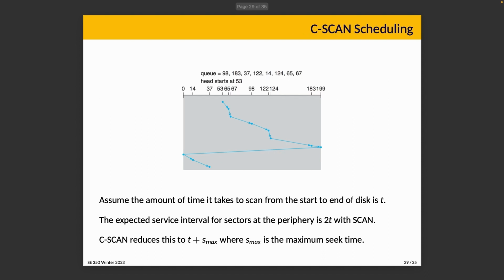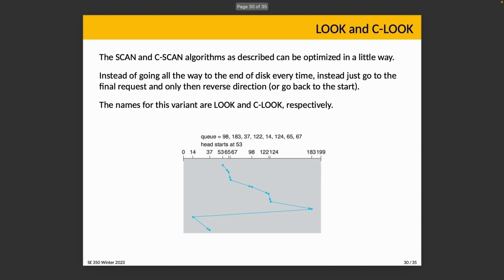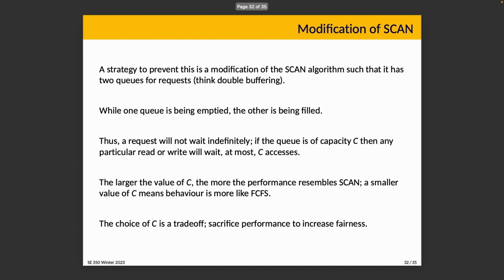And when we talk about this, if we're scanning up from 0 and there's a request at 189, and requests keep coming in between here and there, well, we're going to keep stopping on our way to do those. So things that are far away from the disk head might have to wait an absurd amount of time to get their turn.